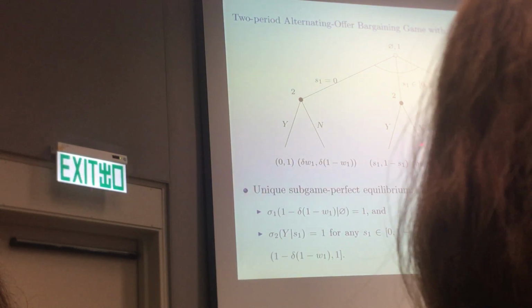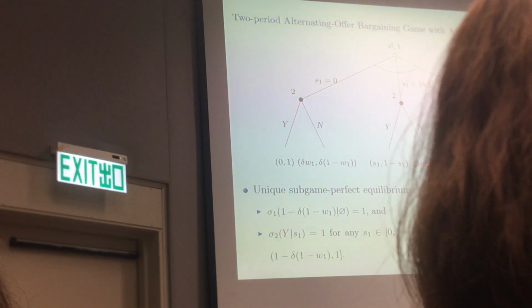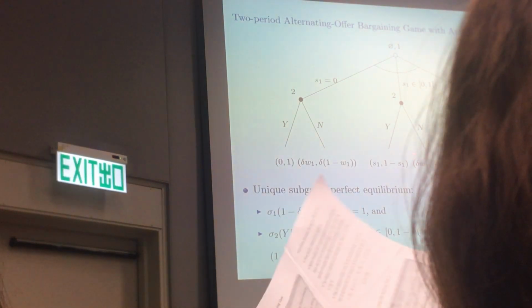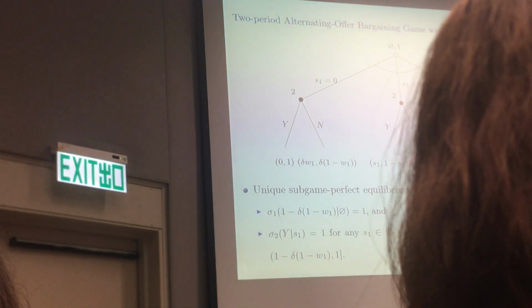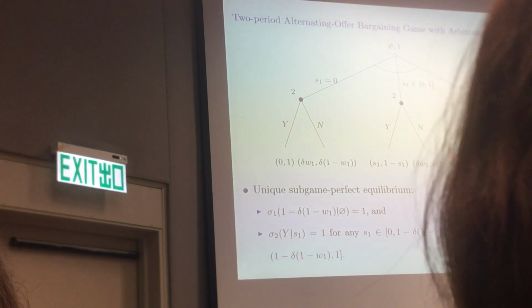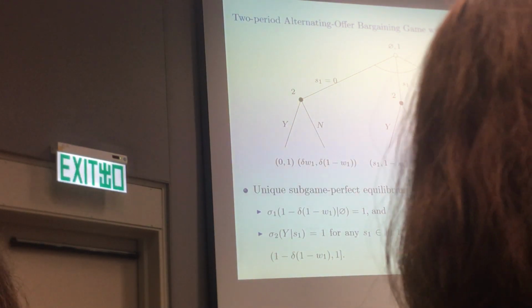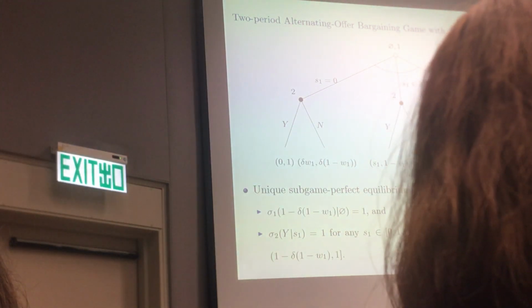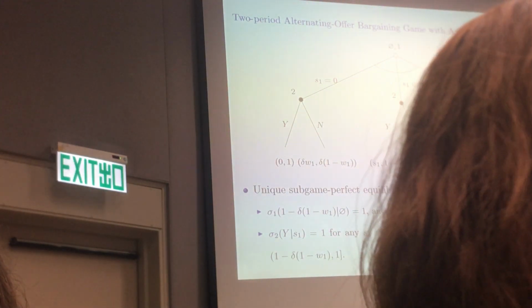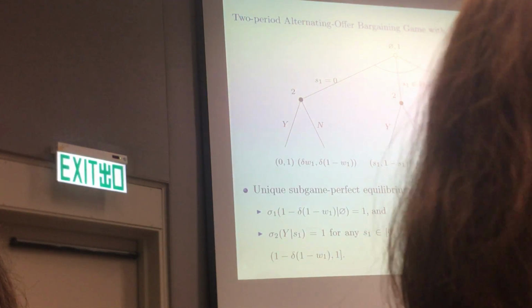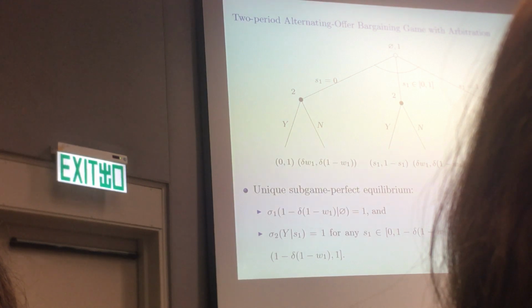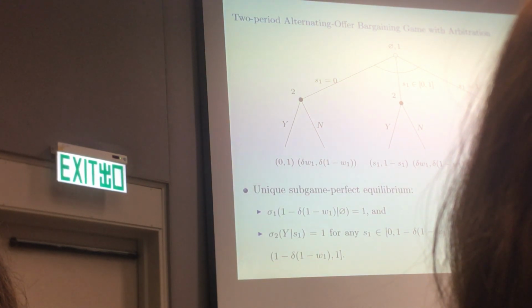So delta W1 is the payoff for player 1 if player 2 chooses no, and this is the payoff for player 2 if player 2 chooses no. Here the story is a little bit different, but mathematically this is just another kind of ultimatum bargaining game with an arbitration process.